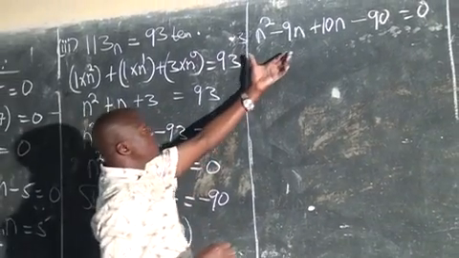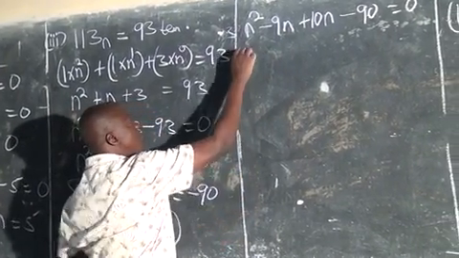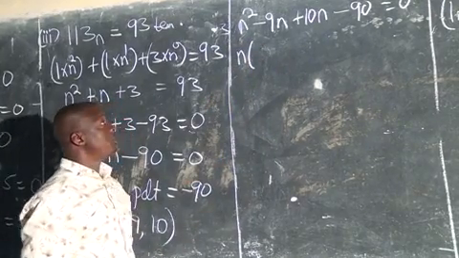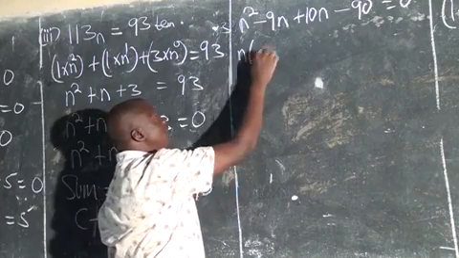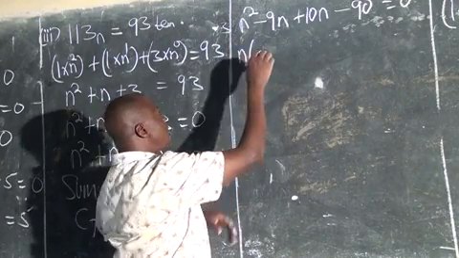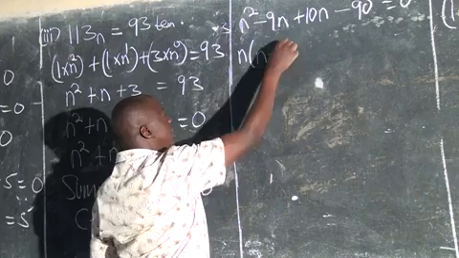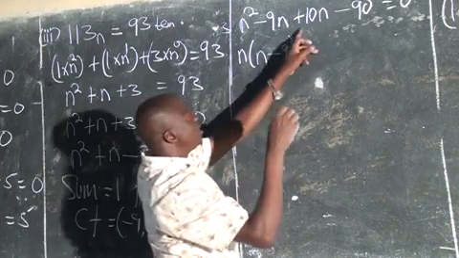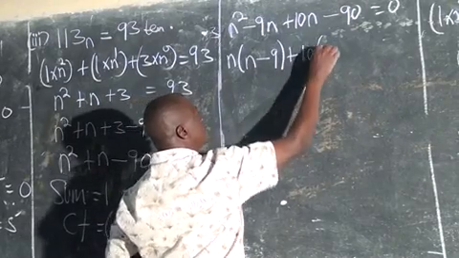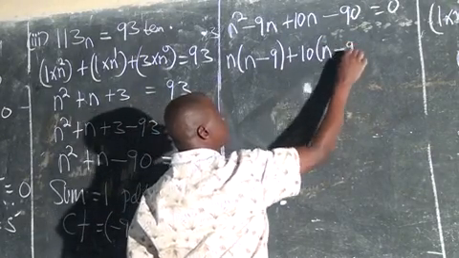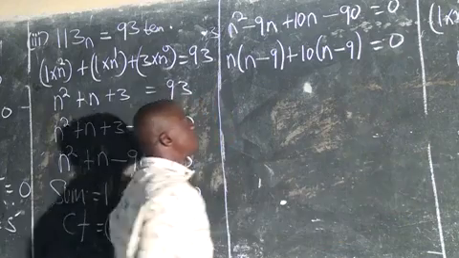I'll look at the two numbers here. We have n, it is common. When you divide by n, it gives n. Divide by n, it gives 9. So here, there is 10 as our common factor. This is n minus 9, equal to 0.